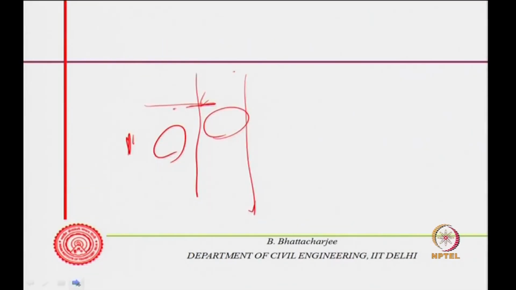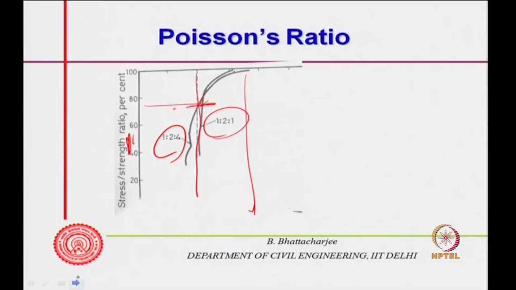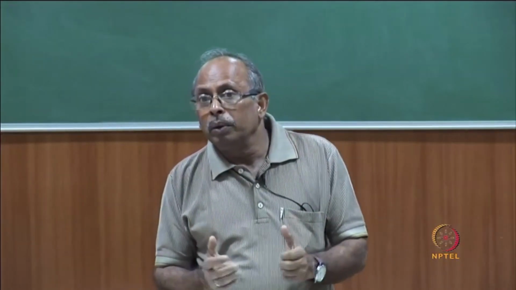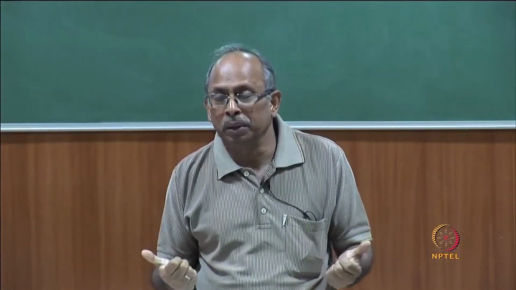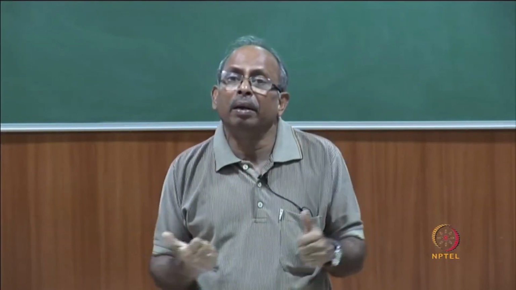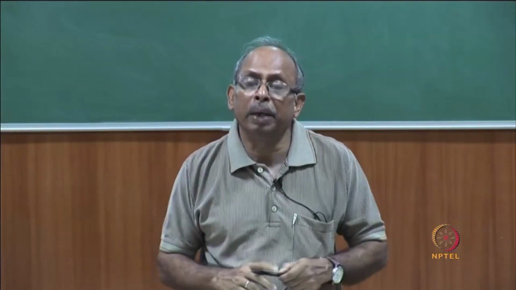We can understand this from the physical scenario, because micro cracking would result in a lot of transverse deformation. Longitudinal deformation would also be there, but lateral deformation will increase significantly because of the micro cracking.